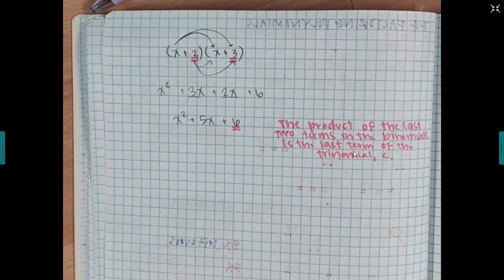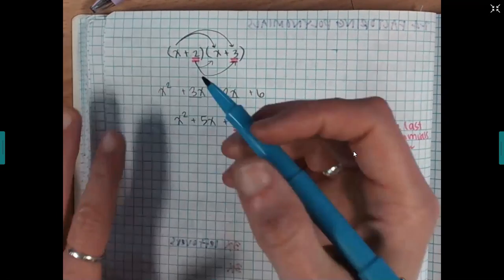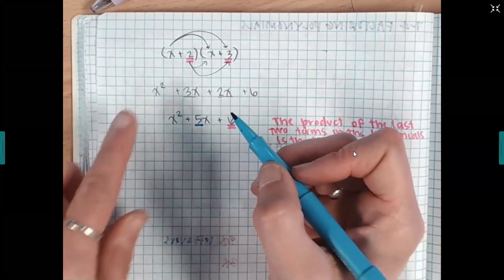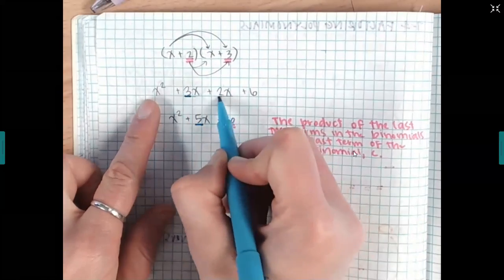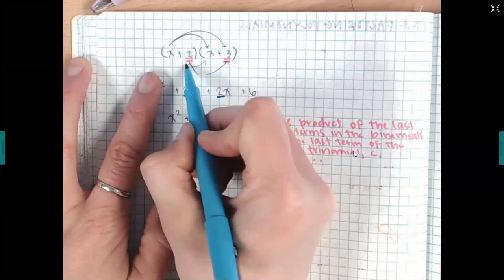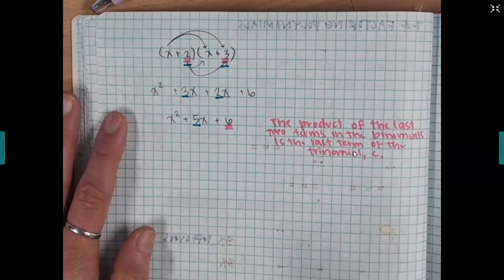Now, what we're also noticing is that this 5 here comes from the sum of these two terms, which is also the sum of those last two terms in the two binomials.